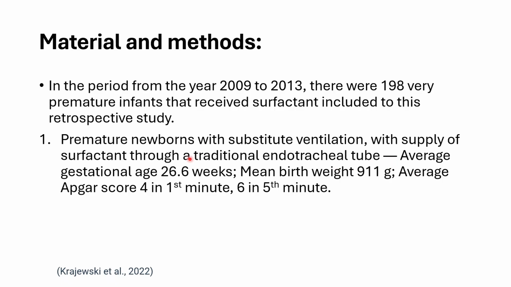The average gestational age was 26.6, and the mean birth weight was 911 gram, which is very low. The average Apgar score was 4 in the first minute and 6 in the fifth minute after using the traditional endotracheal tube.